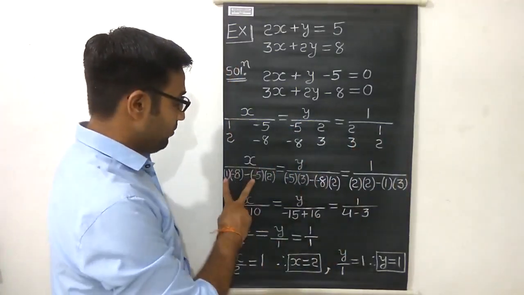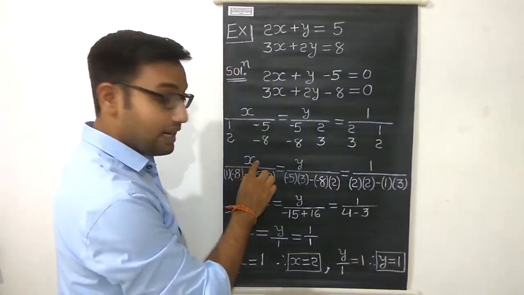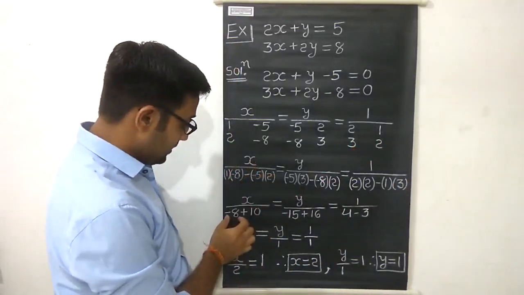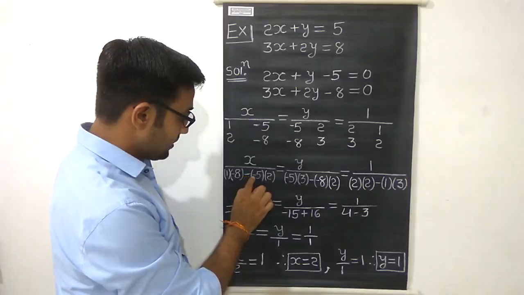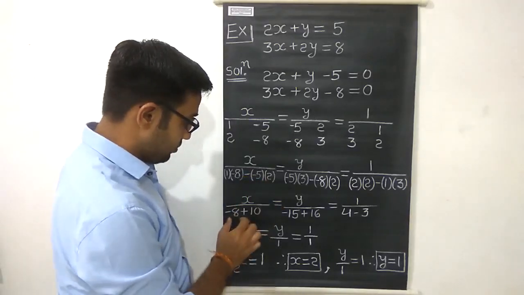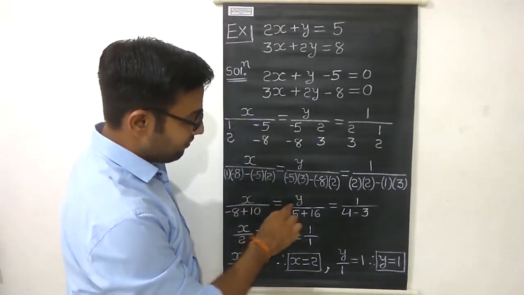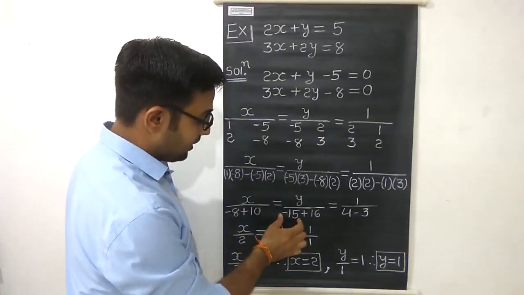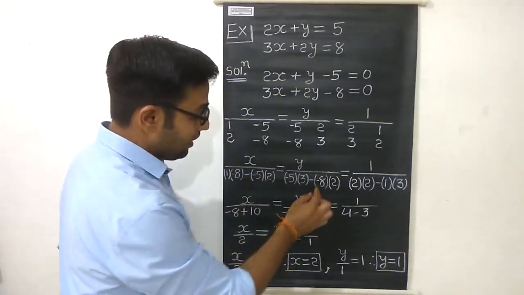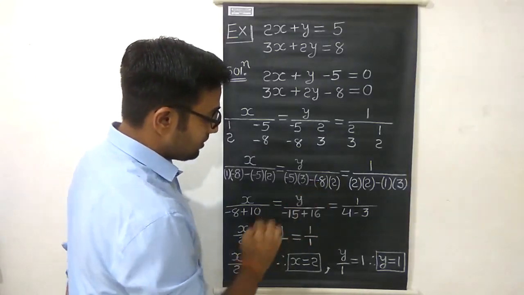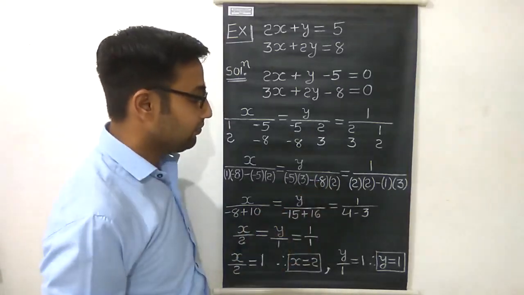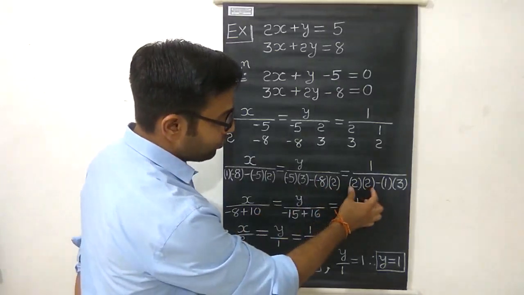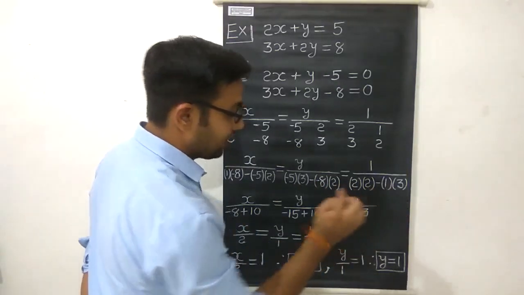Now simplifying, we will get x upon minus 8, this will be minus minus plus, and 5 twos are 10, so plus 10. In the same way, y upon 5 threes, but 5 is minus, that is why we will get minus 15. This again minus minus plus, and 8 sevens are 56. The same way, 2 twos are 4 and 3 ones are 3.